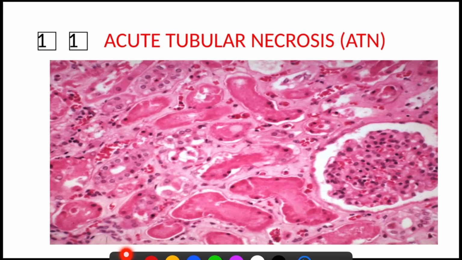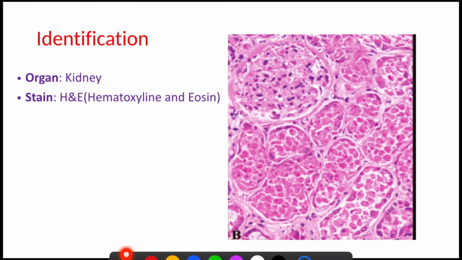And what are the causes of ATN? Poisoning and some ischemia, etc. So here this is a section of kidney. You can identify it with the help of glomeruli and H&E stain, which is commonly used.